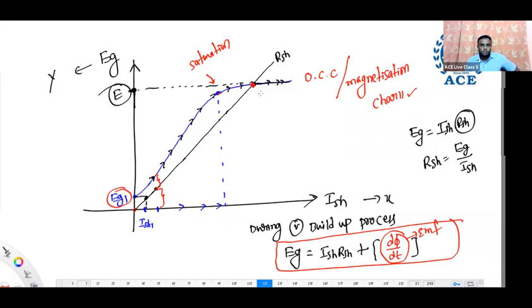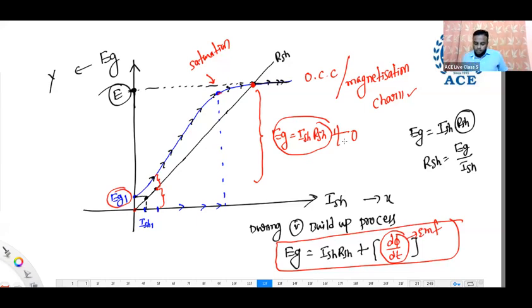See, at this point, what is the total voltage? This total voltage EG equals ISH into RSH only. No EMF here; that is 0. At this point, total voltage is ISH into RSH. Are all of you understanding this or not?